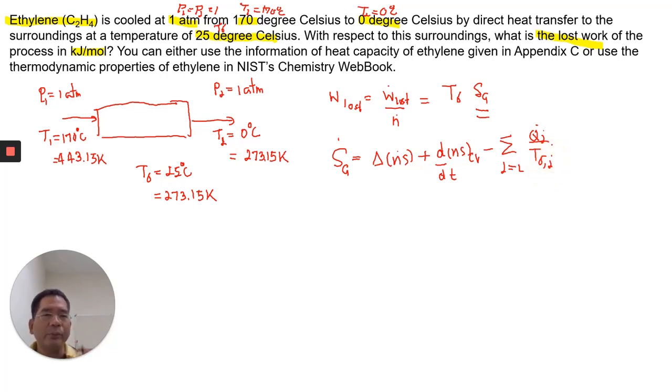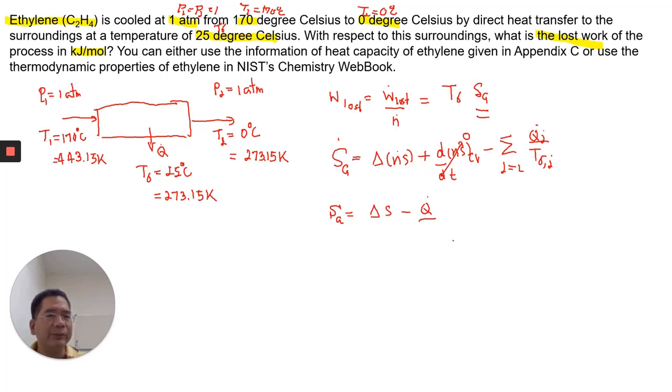However, we will divide both sides of the equation by n dot, and we are interested in the steady state condition. So we obtain Sg becomes delta S minus Q dot j. Since we only have one surrounding, we only have j equal to 1.